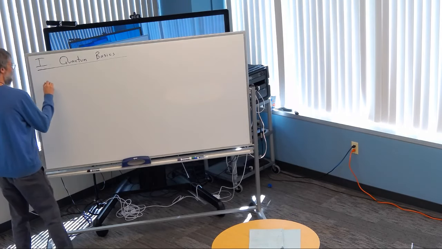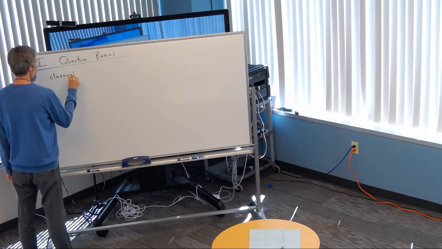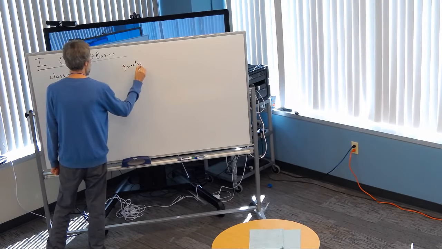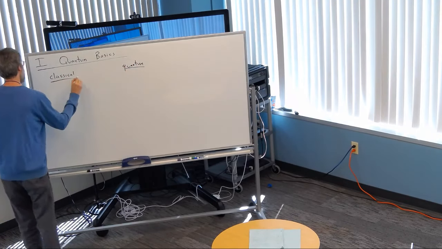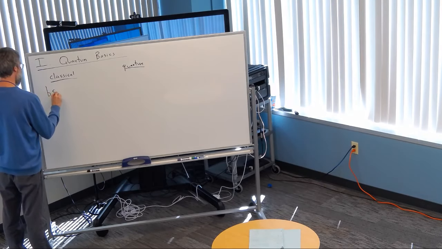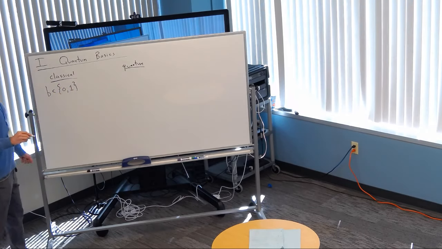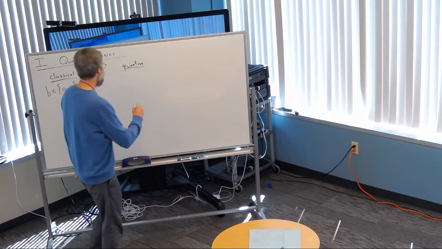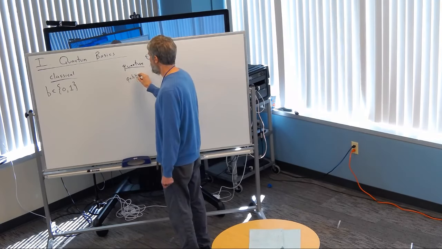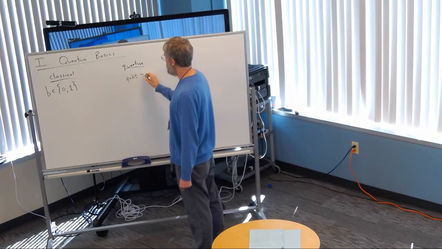It helps to contrast classical computing with quantum computing. So a bit is an element of {0, 1}. A quantum bit, or qubit, is a unit vector in C^2.